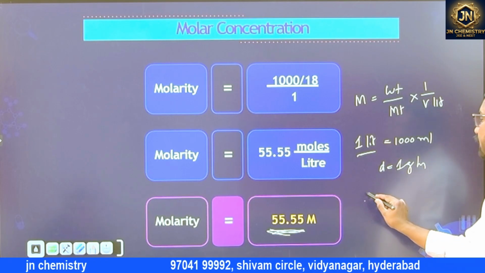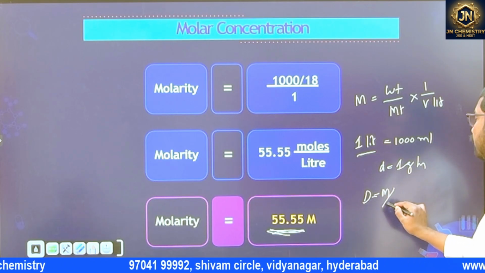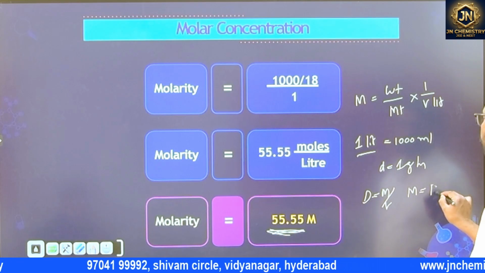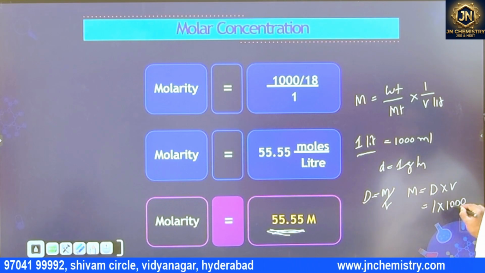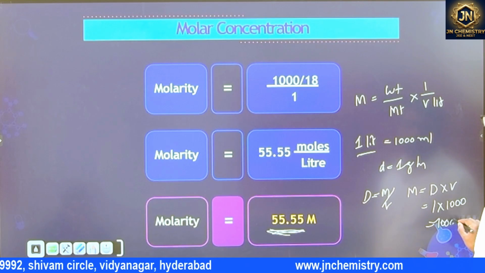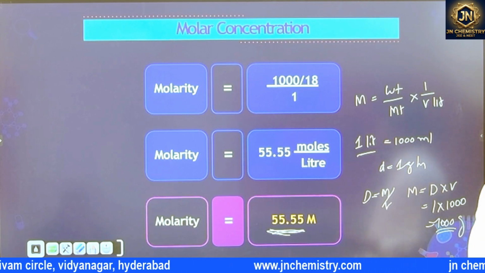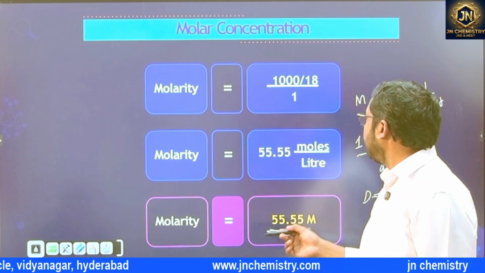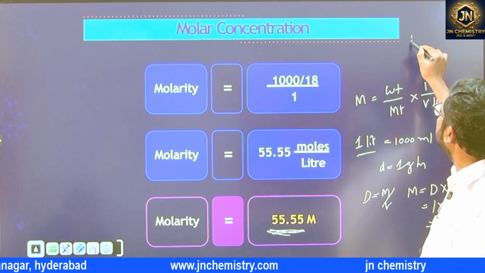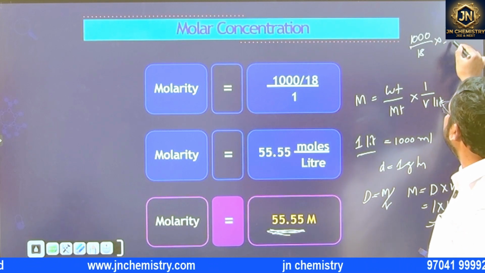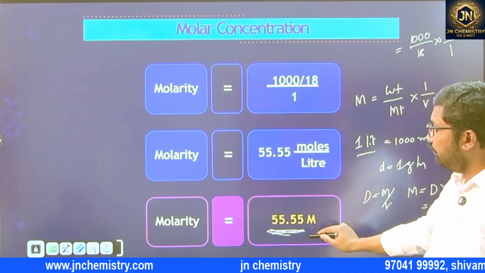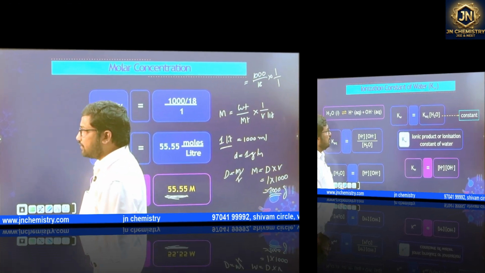Density is equal to mass upon volume, so mass is equal to density into volume. Density is 1, volume is 1000 ml, which is nothing but 1000 grams. We'll consider 1000 grams and its molecular weight 18. So 1000 by 18 into 1 by 1 is nothing but 55.5. Don't confuse.